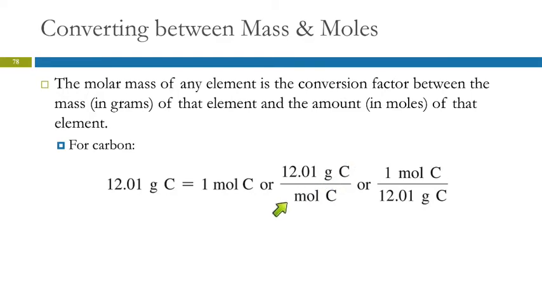There isn't a number here, but we understand that it's 1 mole. If you're talking about a speed, I'm going 70 miles per hour. That means 70 miles per 1 hour, right? 70 miles in every hour. So this is 12.01 grams in every mole. Or we can turn this upside down and write 1 mole over 12.01 grams. Both of these are good because 12.01 grams is equal to 1 mole for carbon. Does that help at all?